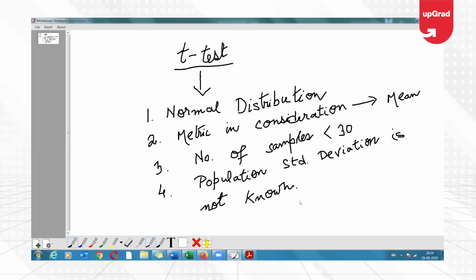We'll be looking at a critical value, and we'll be comparing the calculated value and the critical value, and then make decisions whether we should accept or reject the null hypothesis.